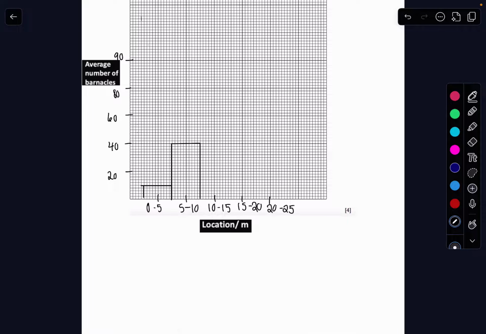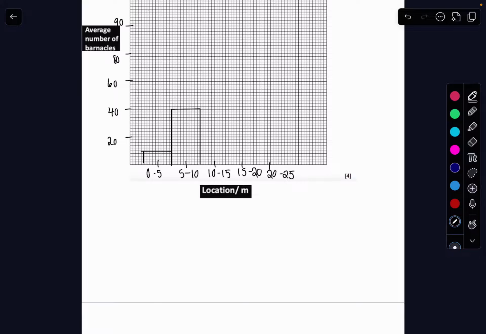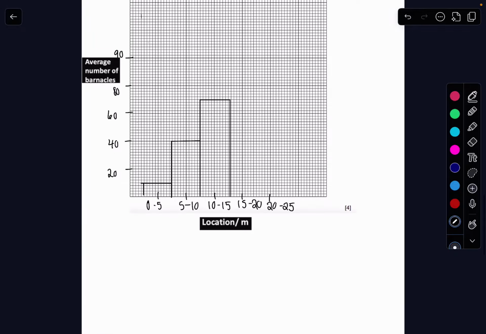If you think that maybe you made a mistake and you want to make sure that all the boxes are the same width, this time we're doing 5 boxes on either side so that each data point, 10 to 15, we're going to go up to 70. And again, this will be 5 boxes wide on either side. 15 to 20, again, touching the 10 to 15. 5 boxes wide on either side.